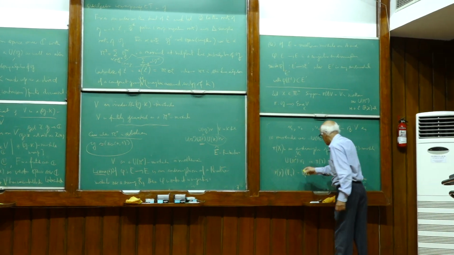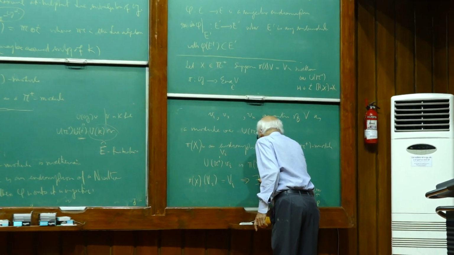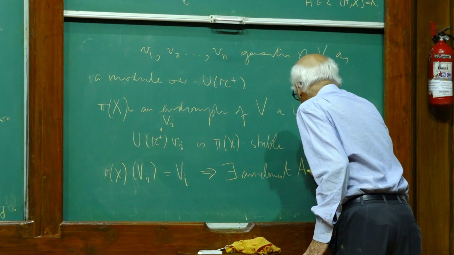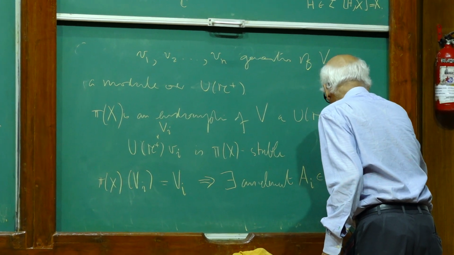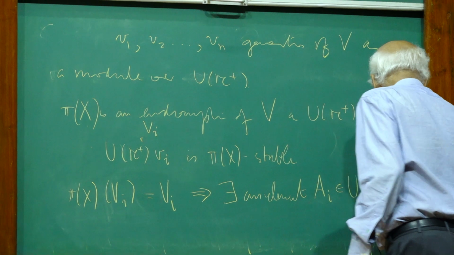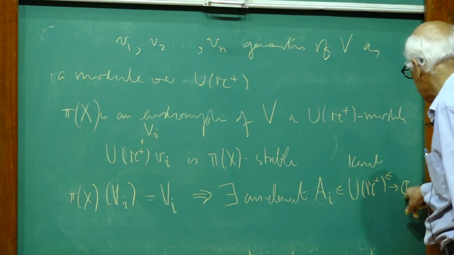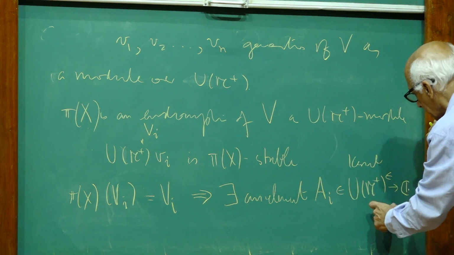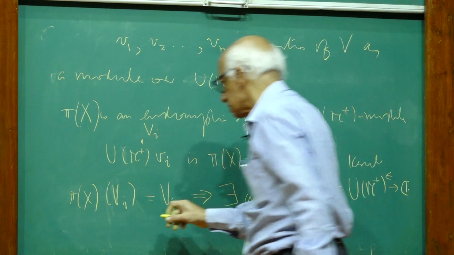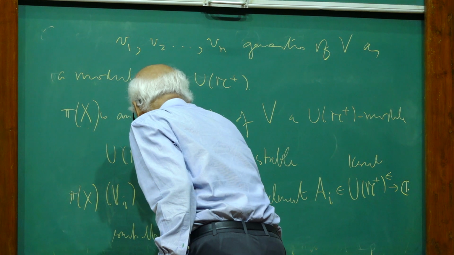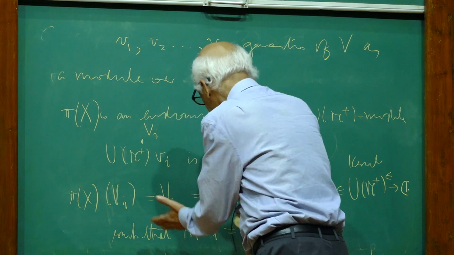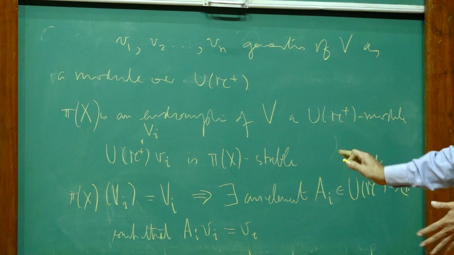Now, this implies there exists an element Ai in the enveloping algebra of n+, or rather in the kernel of the augmentation ideal, that is, only elements coming from the Lie algebra and products of those, such that Ai Vi equals Vi, because Vi itself has to be in the image of the enveloping algebra, so you have Ai Vi equal to Vi.